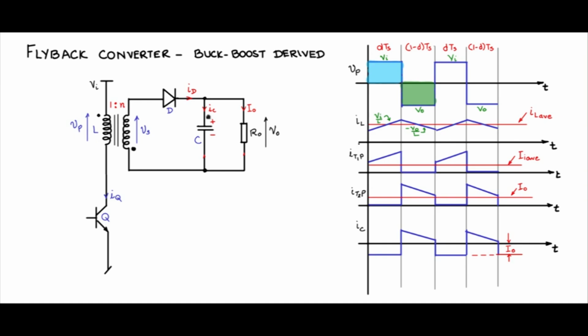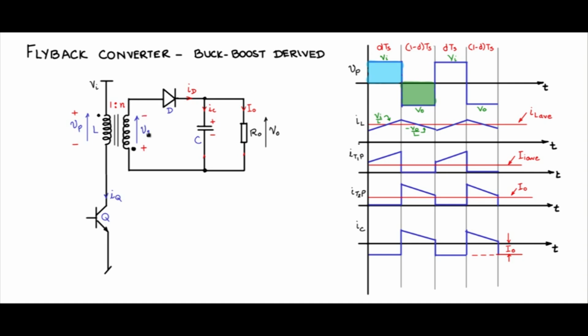Now the voltage across the primary inductor during the time DTs, when the transistor Q is on, the entire Vi comes across the primary inductor. So let us indicate that with the plus, dot end is plus, non-dot end is minus. On the secondary side, you have the dot end plus, non-dot end minus.